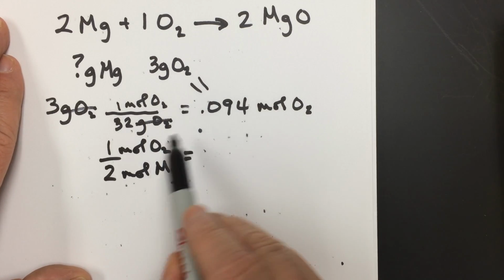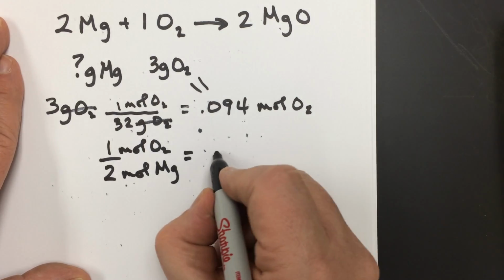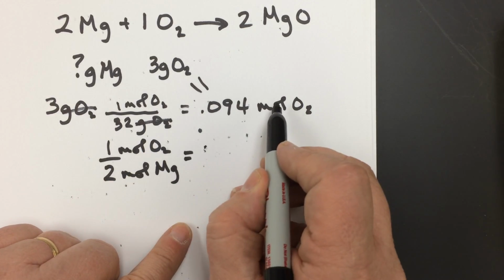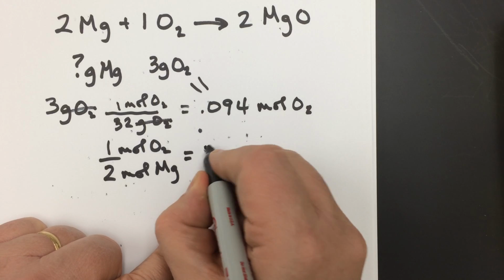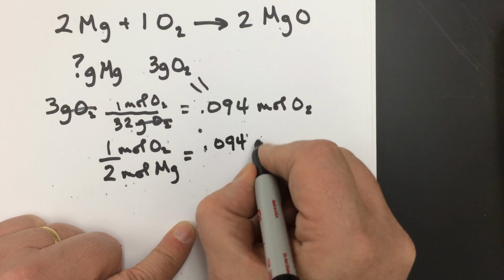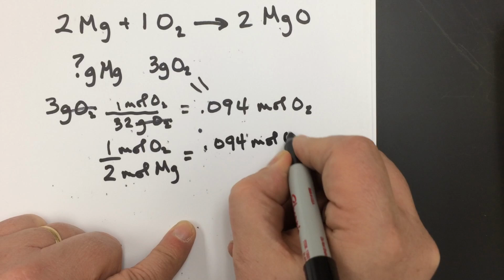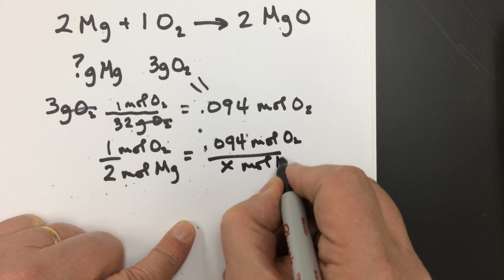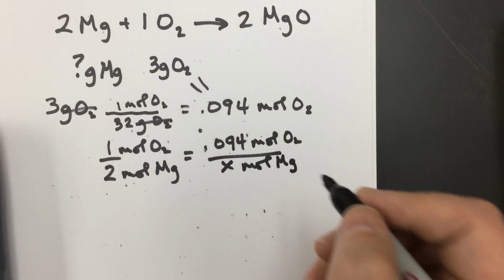now we're not interested in grams anymore, we need it in moles so everything stays. So oxygen's on top, magnesium's on bottom, so we're going to put oxygen on top here, 0.094 moles of oxygen over X moles of magnesium. Okay.